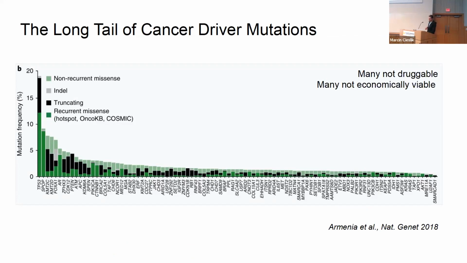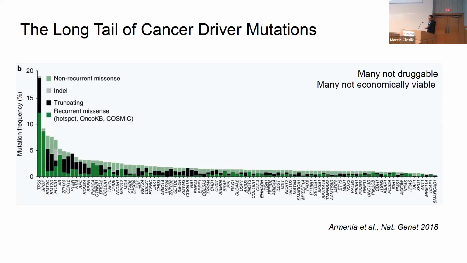But if we look, for example, at this analysis of 1,000 prostate cancers, you can see that most of the genes with mutations are not very recurrently mutated, many of them below 2%. So the prevalence of those mutations is not large. And for that reason, it may not be economically viable to develop therapies or even study them, because the cohort sizes required to even enrich for such patients become infeasible.